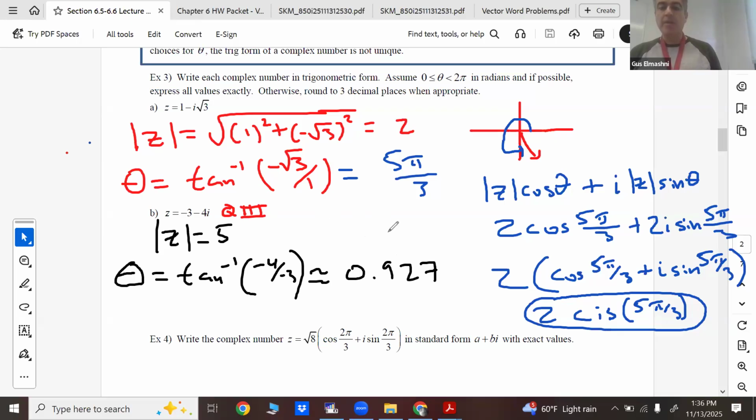It has to be Q3. So I have to add pi to this. Plus pi will be 4.069. So when I write the answer, it's going to be 5 times cis of 4.069.